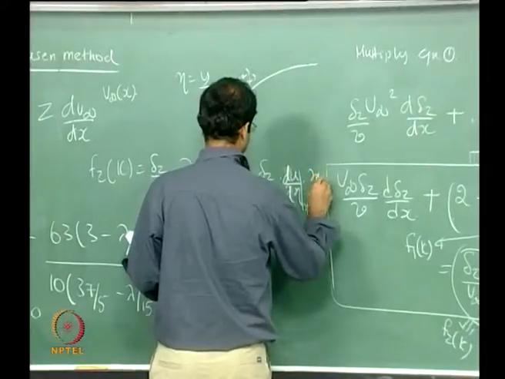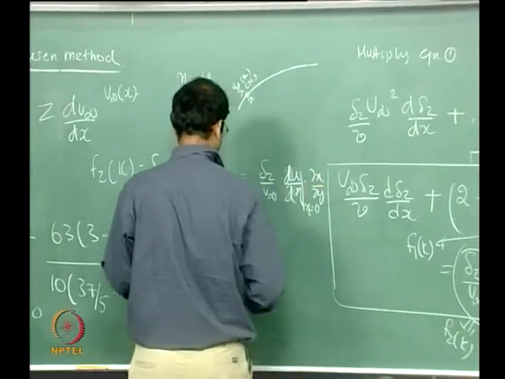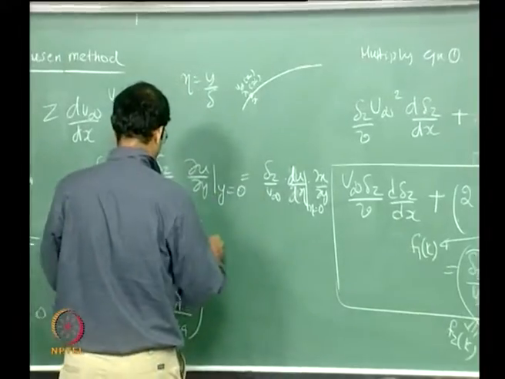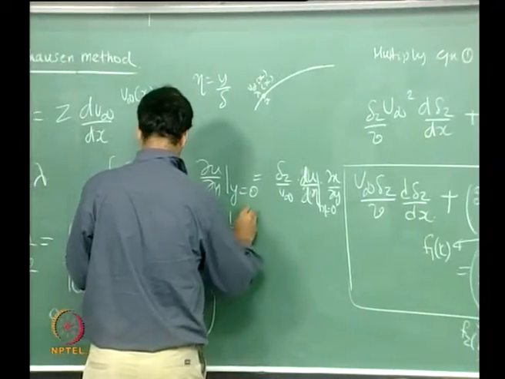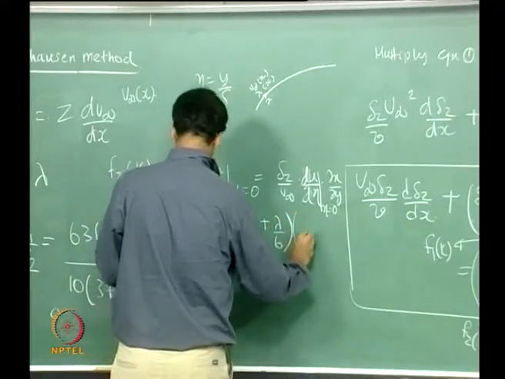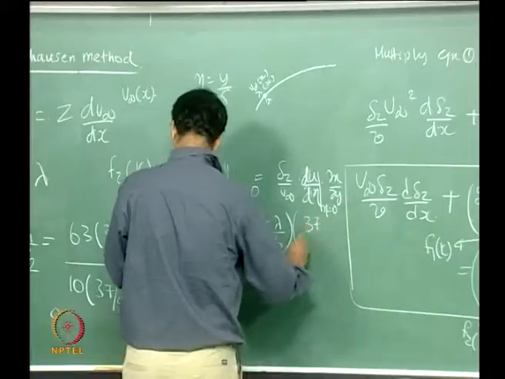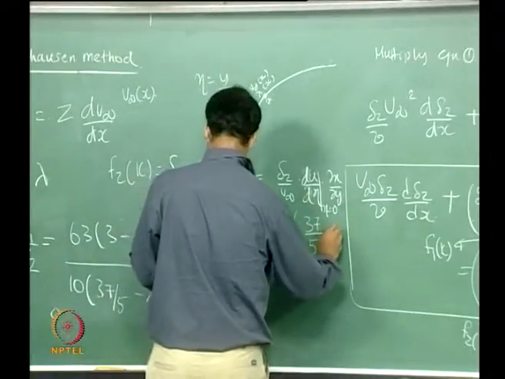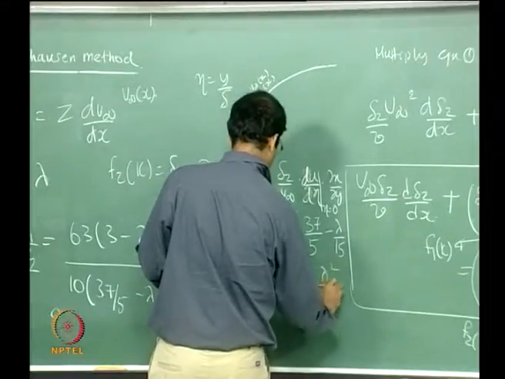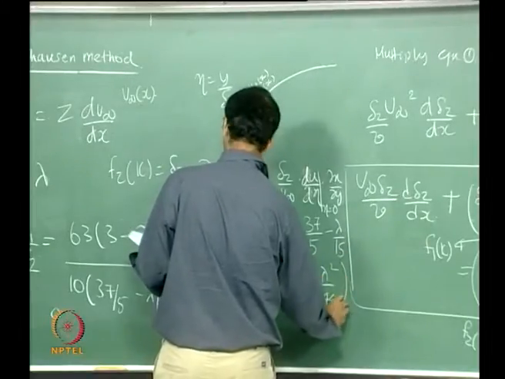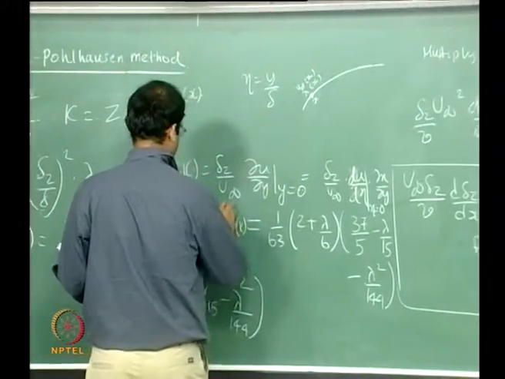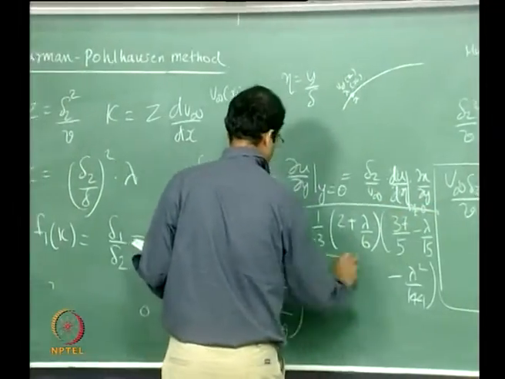So we have already the polynomial for u, if you put that you will get 1 by 63 into 2 plus lambda by 6 into 37 by 5 minus lambda by 15 minus lambda square by 144. So this will be the expression for f2 of k.